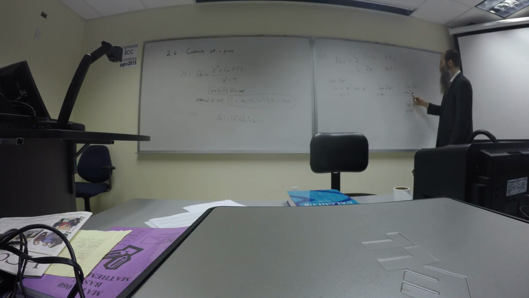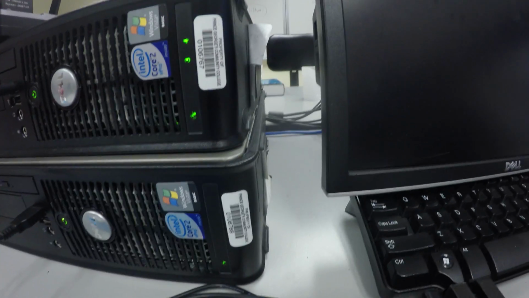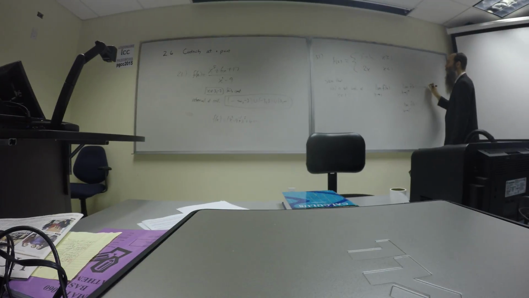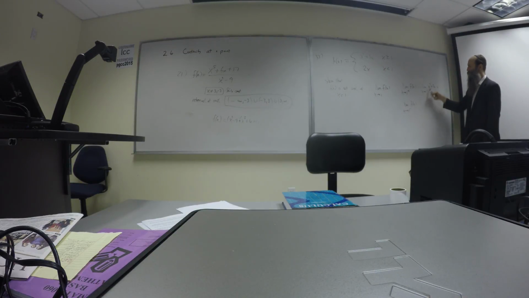They switched the inequalities on you for whatever reason. Now you can plug it in. You have to make sure you're using the right function though, and writing the right notation. So you're trying to find the limit of x squared plus 3x as x approaches 1 from the right. Now it's a polynomial. You can just plug it right in.